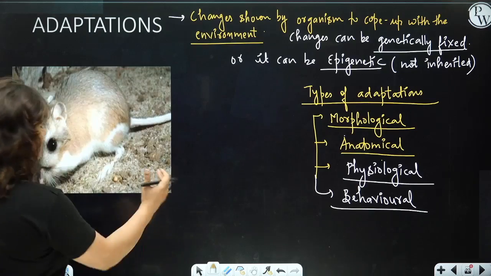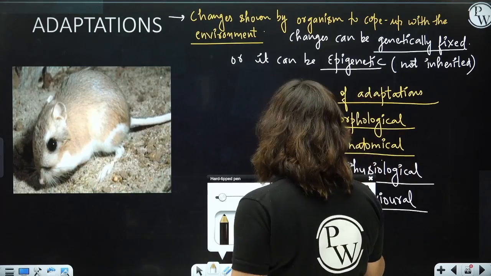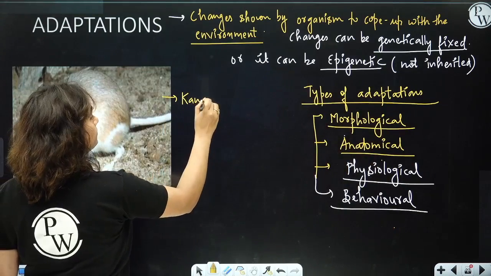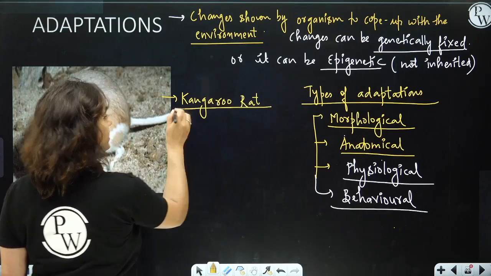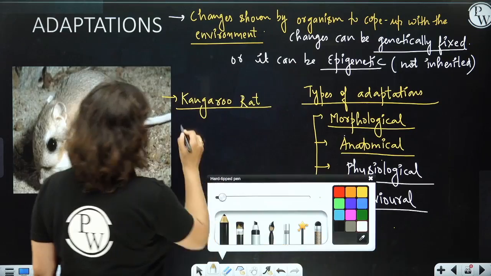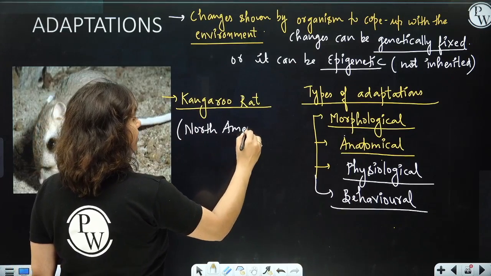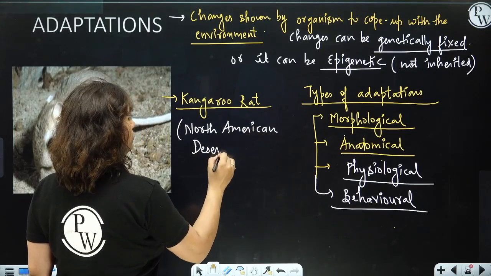Okay, so now here in the diagram, this is a beautiful kangaroo rat. This kangaroo rat is found in North American deserts, where there is scarcity of water.